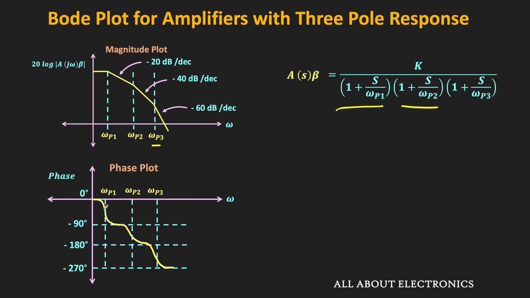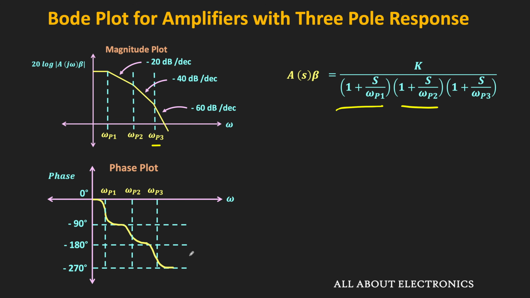From 10 omega p1, if we move further, it will once again start reducing and reach minus 135 degree at omega p2. And at 10 times omega p2, it will reach minus 180 degree. Further ahead, the phase will reduce more, and at omega p3 it will become minus 225 degree. At 10 times omega p3, it will be close to minus 270 degree. That means the phase plot will look like this.